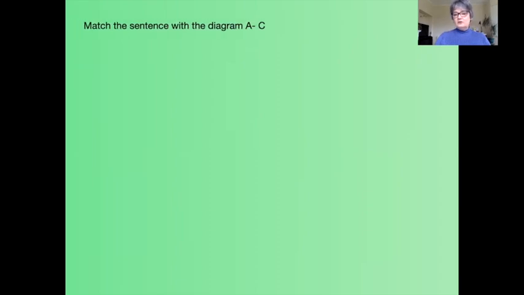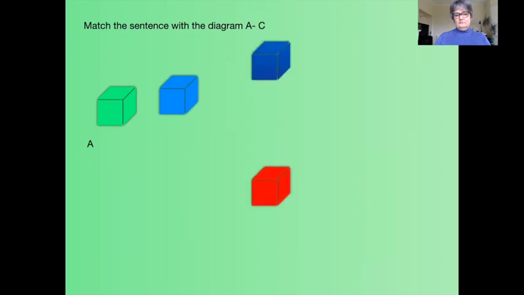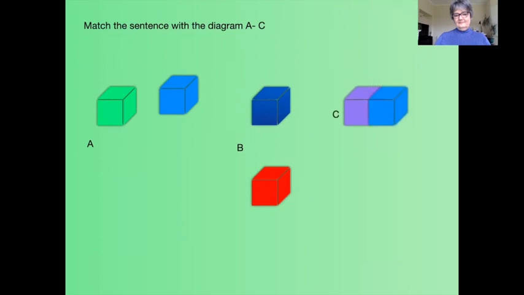So we're now going to look at some diagrams. Match the diagram A to C with the correct sentence. Okay, let's look at the sentences and then tell me which diagram they match. Number 1, the blue box is opposite the red box.